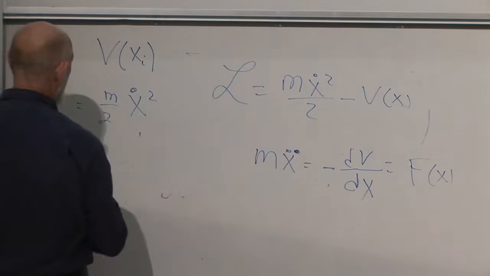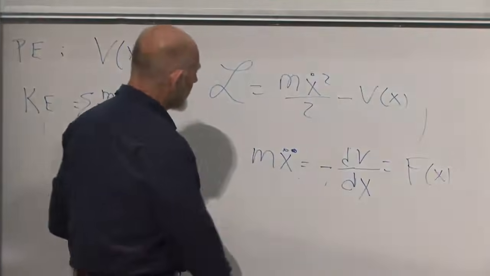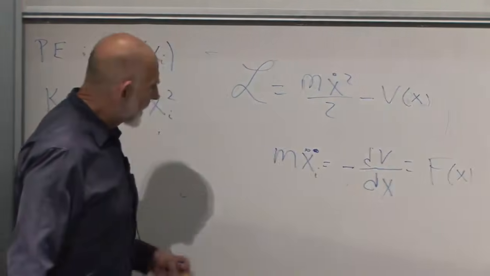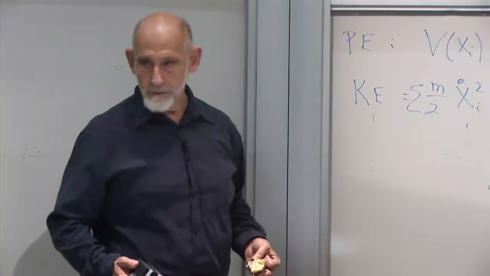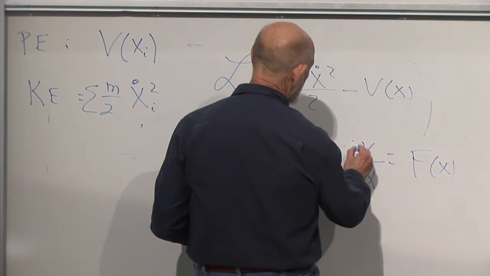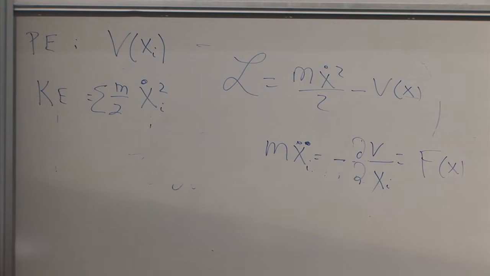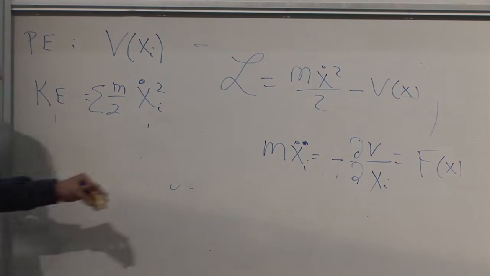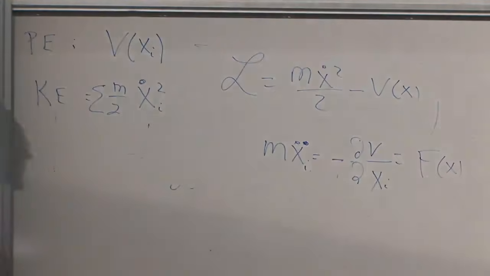Potential energy is V of x_i. Kinetic energy is the sum over all the i's of one half m v squared. You do exactly the same thing, and what do you get? You get m x_i double dot, and what happens to dV by dx? It becomes the partial derivative of V with respect to x_i. When you vary things with respect to x_i, you get things coming from the velocities and things coming from the explicit dependence of V on x_i. And what is that?